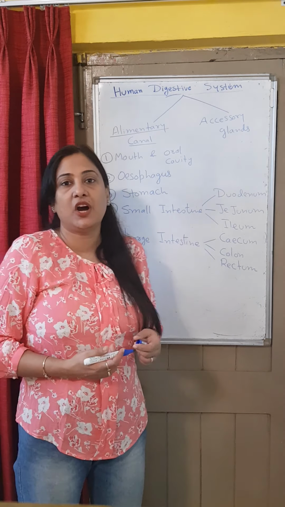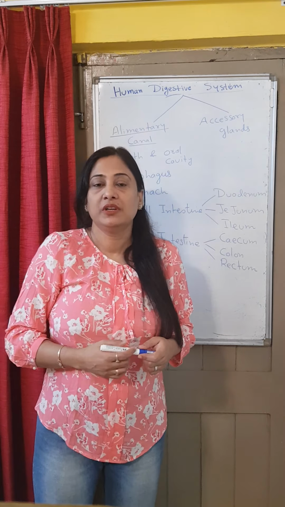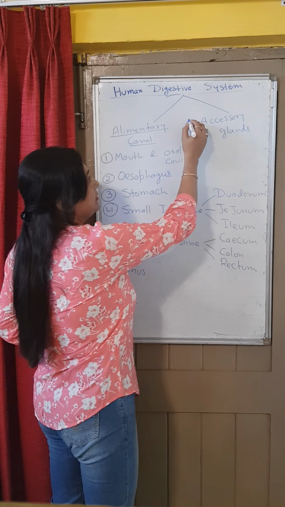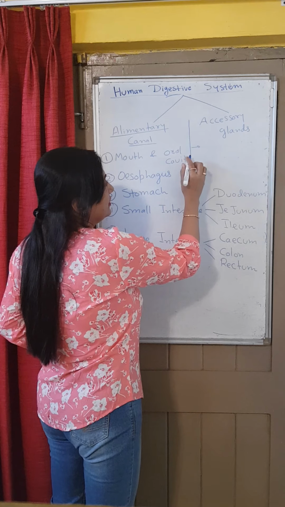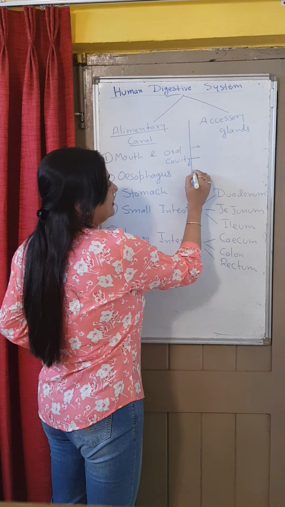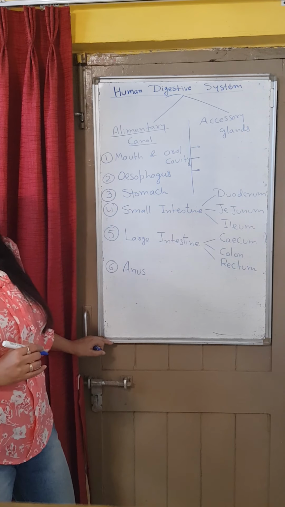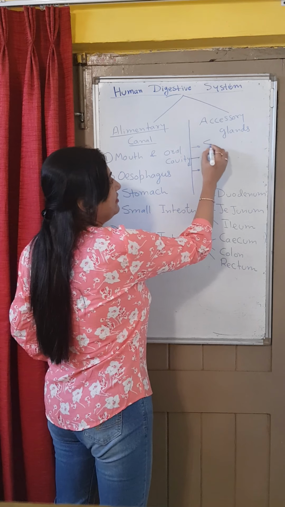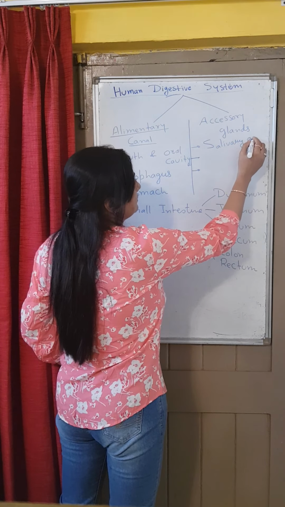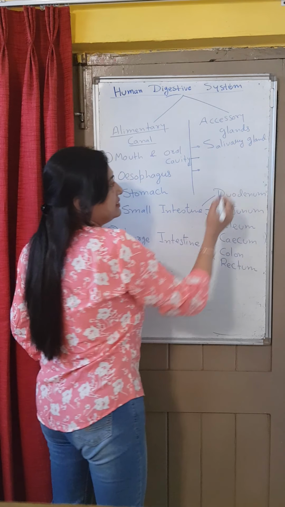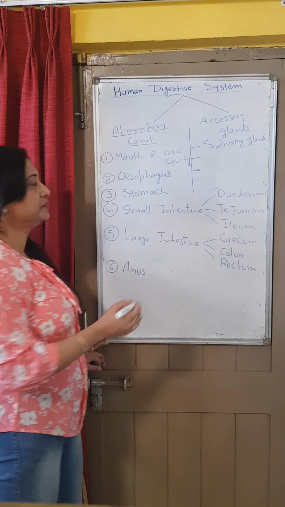Now we will study how to draw the human digestive system. Before that, I would like to tell you about the glands. Human digestive system has three accessory glands. First is salivary glands. This is 3 pairs in number.